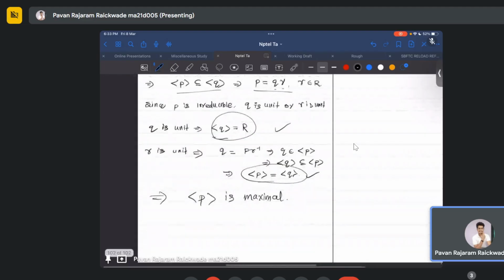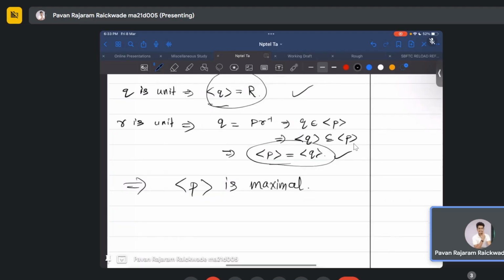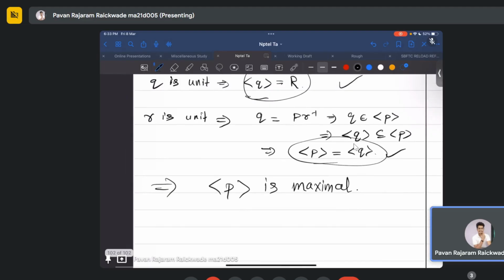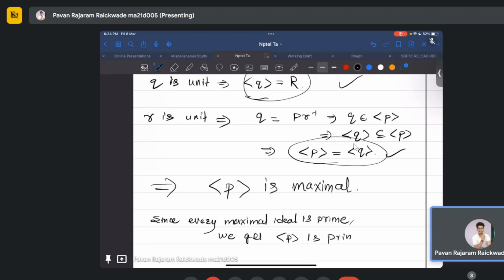And since every maximal ideal is prime, we get that the ideal is prime.